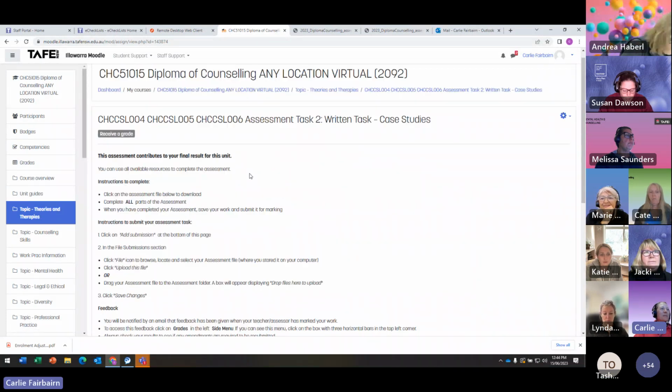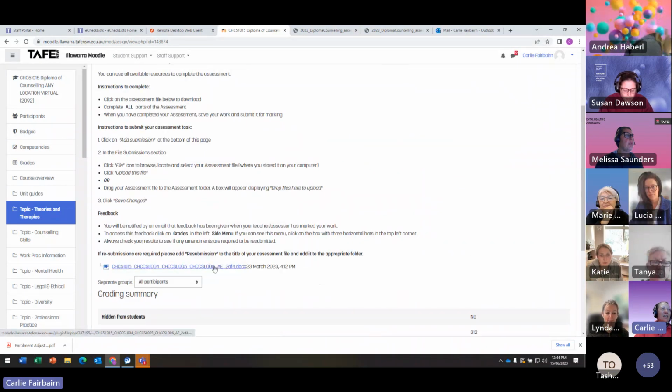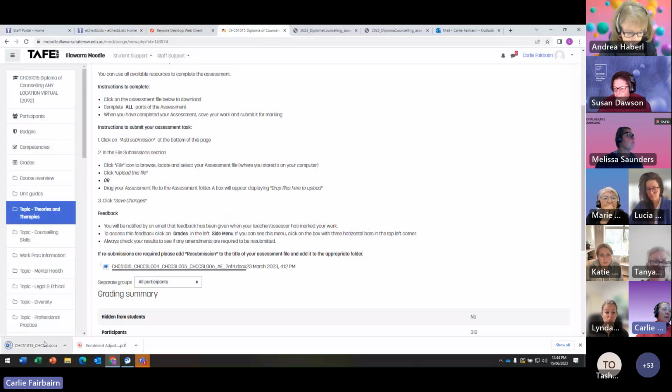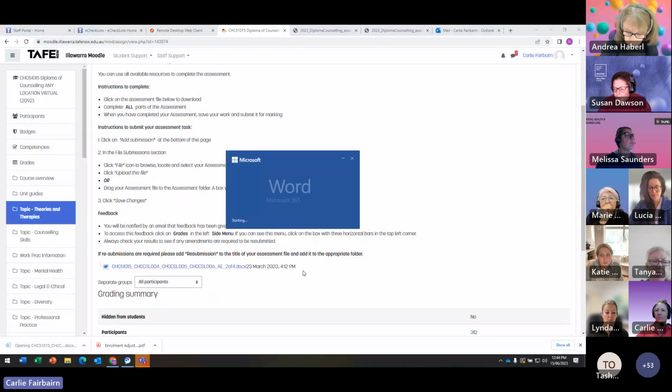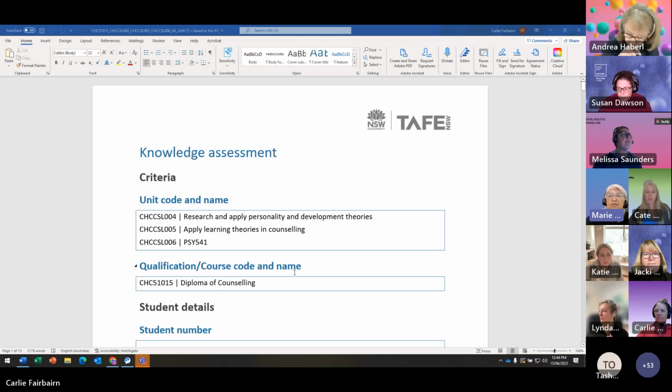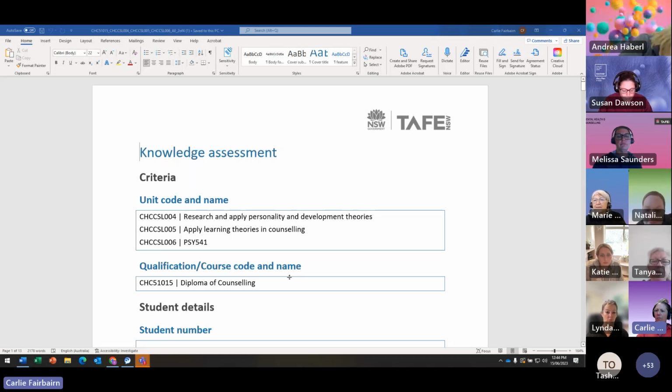So I've clicked into the assessment task, and as you know, the Word document of the task is there, that link. So you click on it, and it downloads to your computer. Carly, some people are saying it's still restricted for them. Do you know what process they should follow? Kelly, Danielle, are you full-time or part-time?